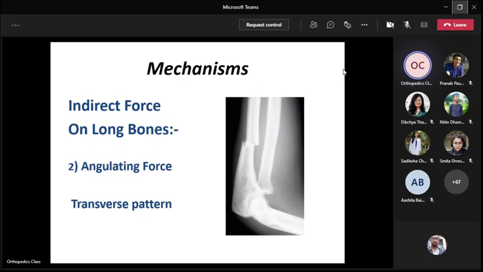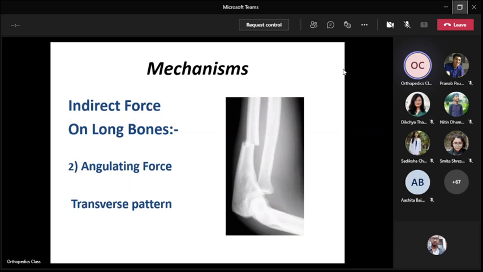See, this is another example. Again, indirect force on long bones, but here the force is angulated. A rotating, twisting force produces a spiral fracture, whereas an angulation force will produce a transverse fracture, or sometimes a direct blow will produce a transverse pattern of the fractures.